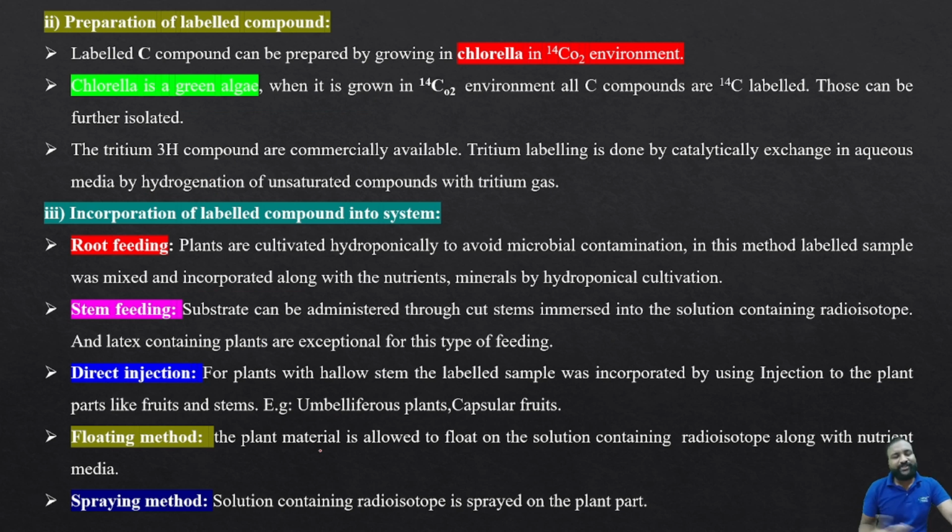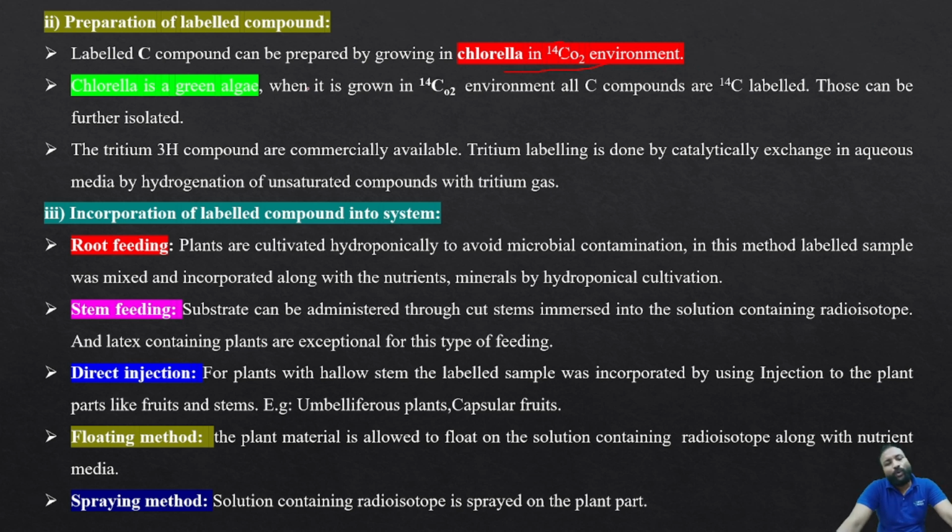Next one, after selection we should prepare a labeled compound. Preparation of labeled compound. Let's see how the preparation is done. A labeled compound can be prepared by growing Chlorella in a carbon dioxide environment, especially a carbon dioxide environment containing 14 carbon.